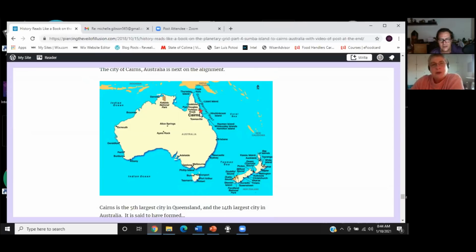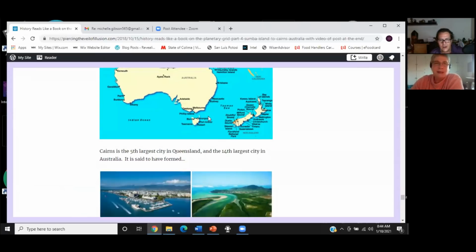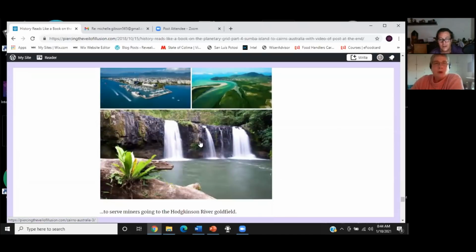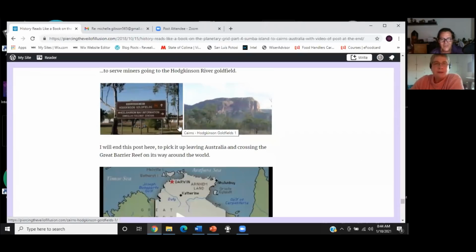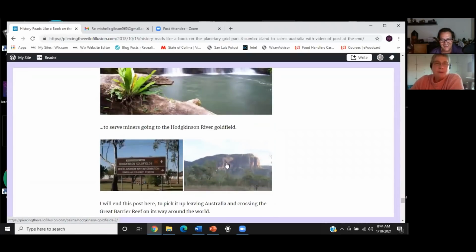The next one, I crossed over the Great Barrier Reef, probably sunken land. More waterfalls, gold fields, and that's another thing. I find gold fields and mineral occurrences all along these things, and I think that's something the ancient civilization was doing as well.